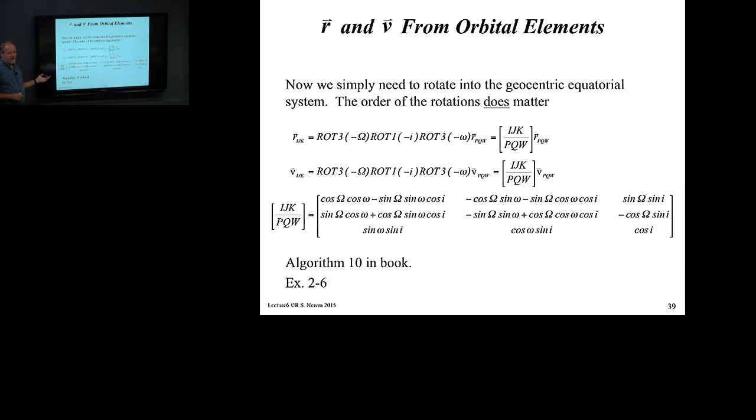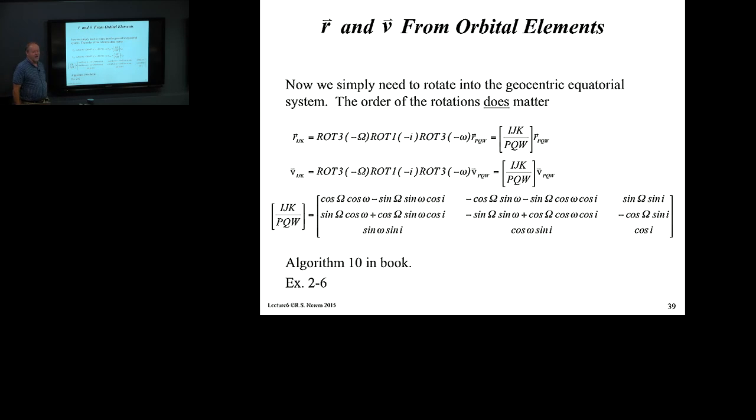Now, you're going to be coding this up in homework 3 from that algorithm in the book. Here, I've actually multiplied together these three rotation matrices to get one big 3x3 rotation matrix. So you can combine all the rotations. I'm not sure I would recommend that, because it's too easy to make an error in a sign or something here that might be hard to find.